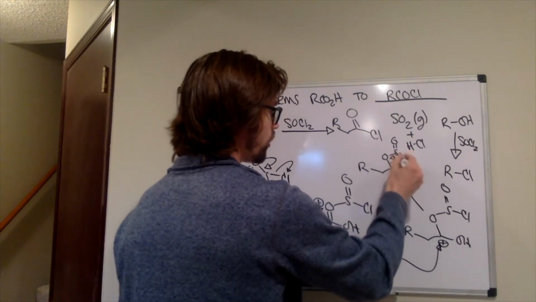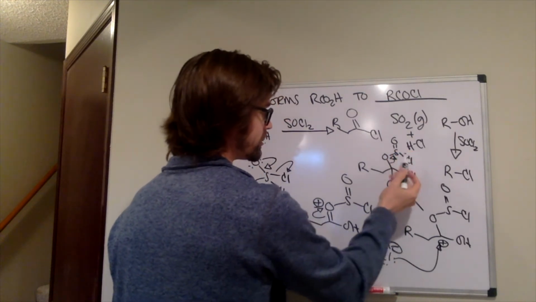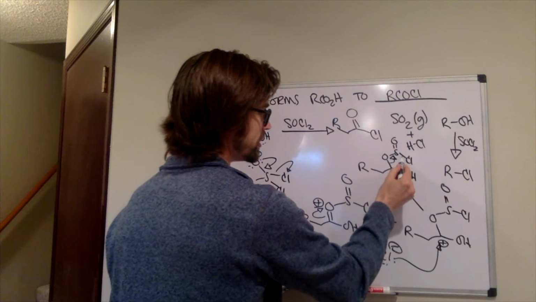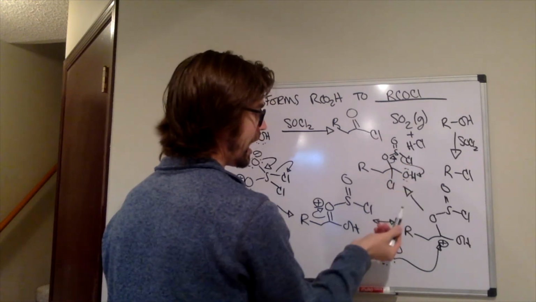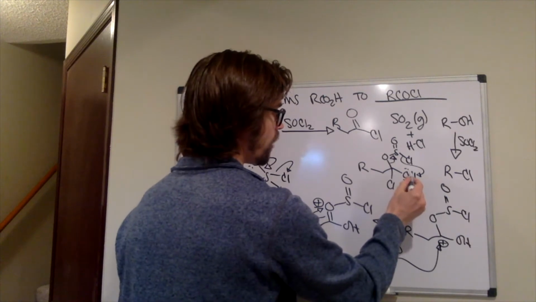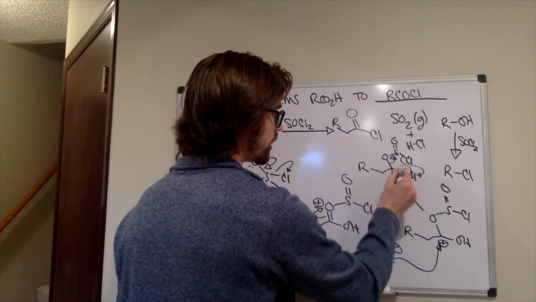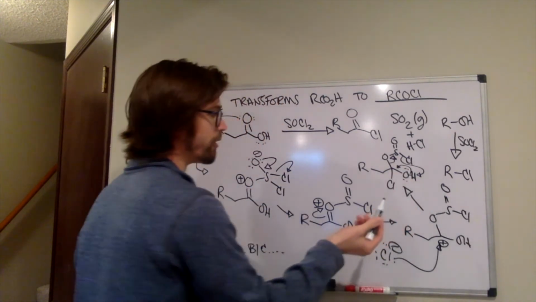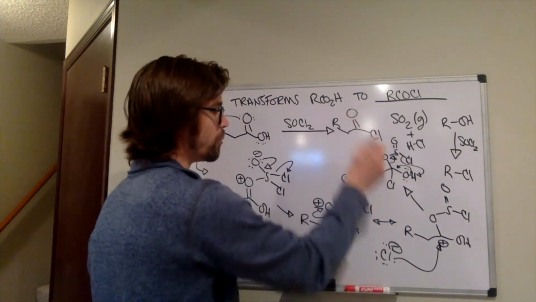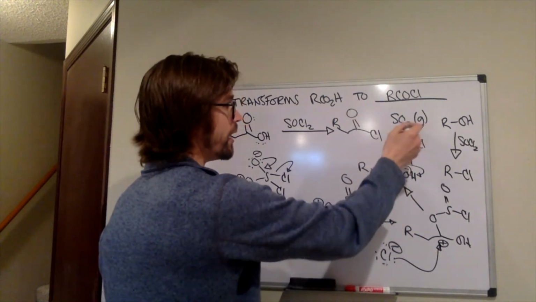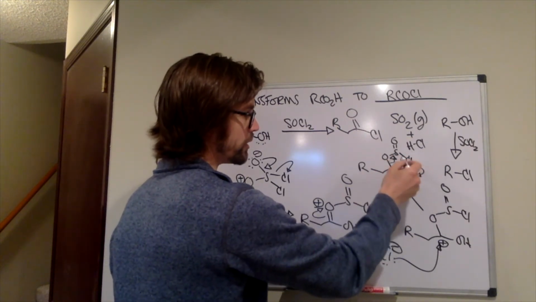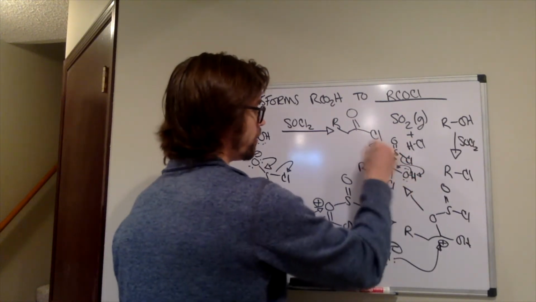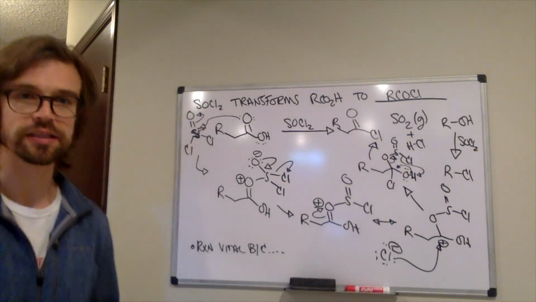This sulfur-chlorine bond is going to break. The electrons in that sulfur-chlorine bond are going to be taken by the chlorine, and those are going to grab that hydrogen right there, and the OH bond is going to break and form the pi bond right there. So you can see the CO pi bond's forming right there, the SO pi bond is forming right there, and the HCl bond is forming right there. All of those things happening simultaneously.